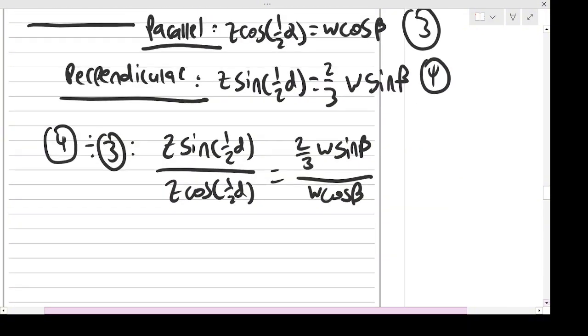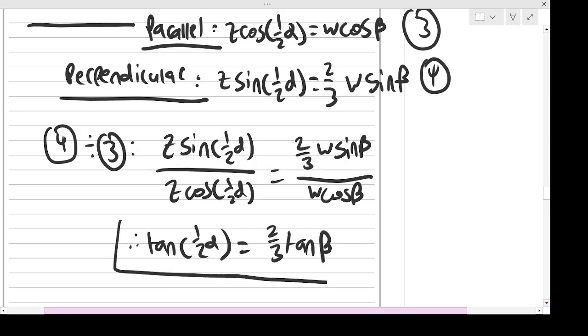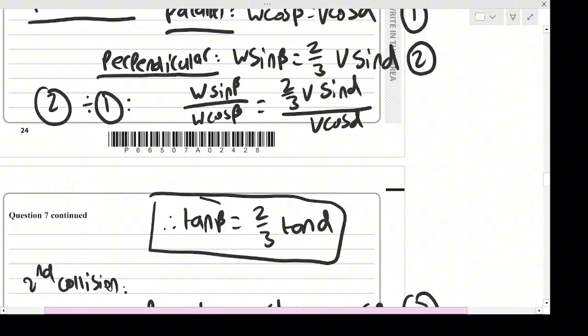So therefore tan of a half alpha is going to be 2/3 tan beta. That's all the equations I can gather, but we also know that tan beta is 2/3 of tan alpha, so I could sub that in for tan beta here.